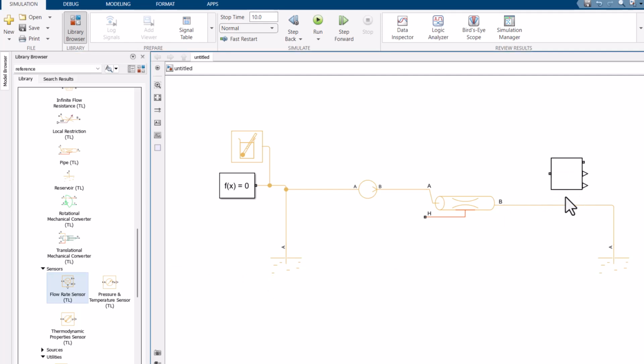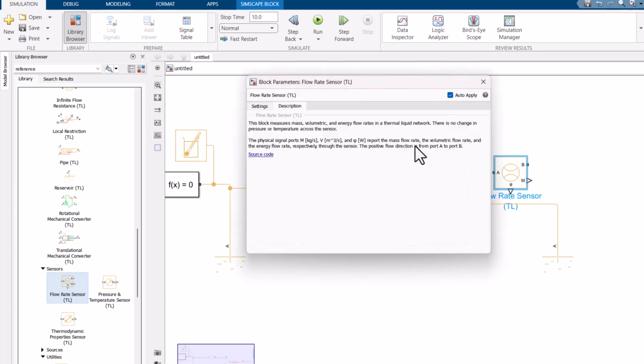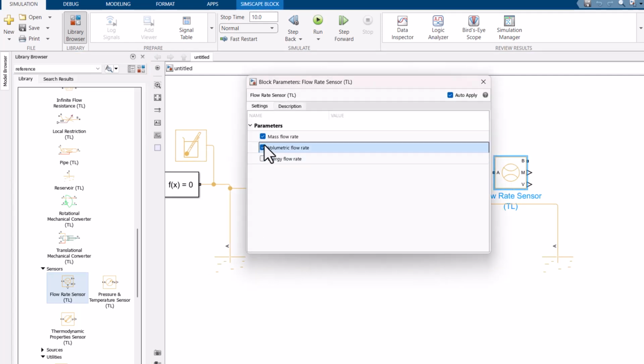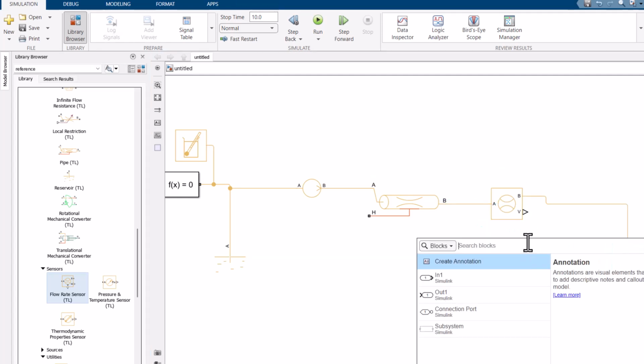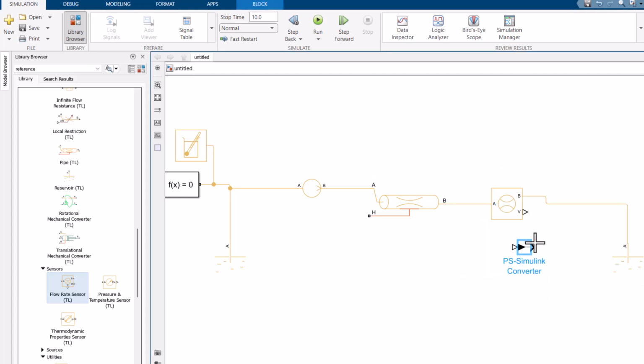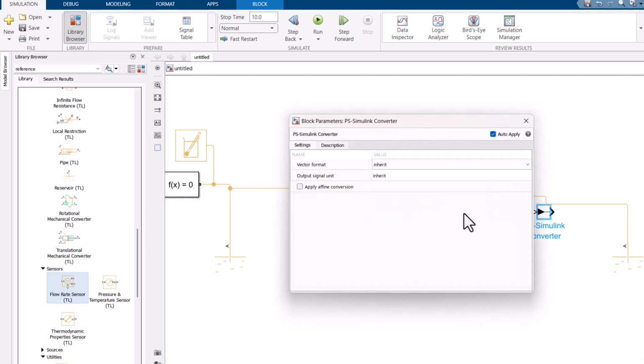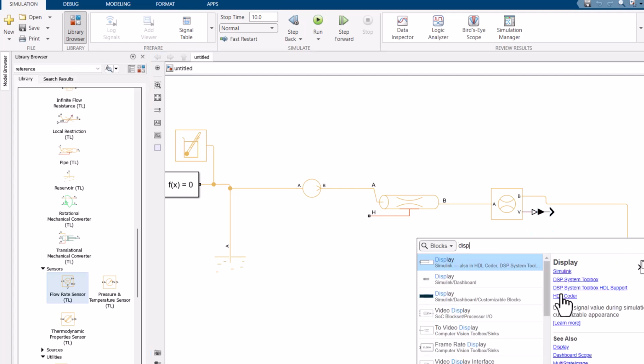So I add a flow rate sensor. I set it as a volumetric flow rate. I make all the liquid pass through it. And I add a PS Simulink converter in cubic meters per hour and a display block.